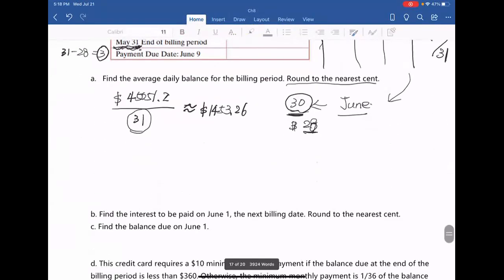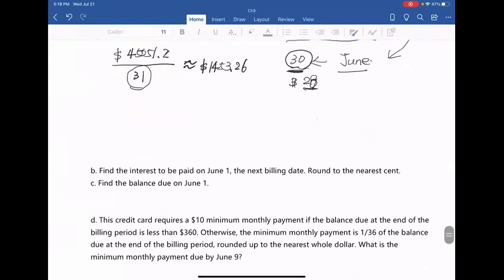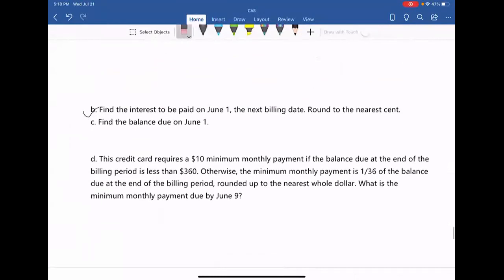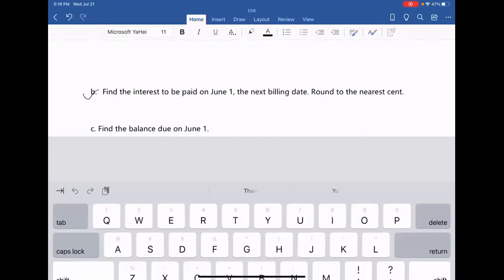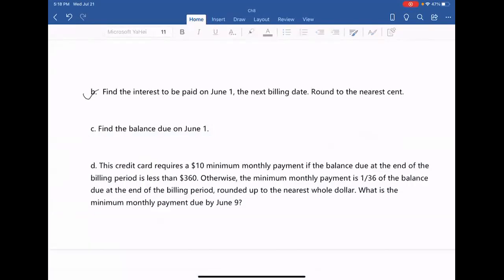Okay, let's move on to see part B. The question, find the interest to be paid on June 1st, next billing date, round to the nearest cent. I think we need more space here. Okay, the interest I equals PRT.